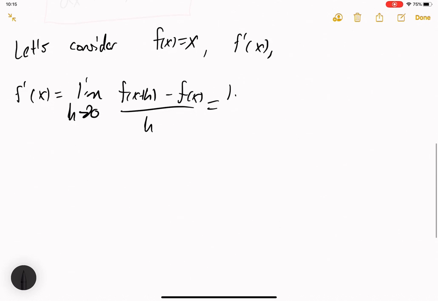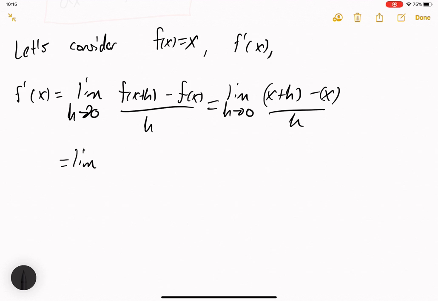Same thing as above, we just plug in, so we get x plus h minus x divided by h, which is equal to the limit as h goes to 0 of h over h, which is just equal to 1, because these will cancel.